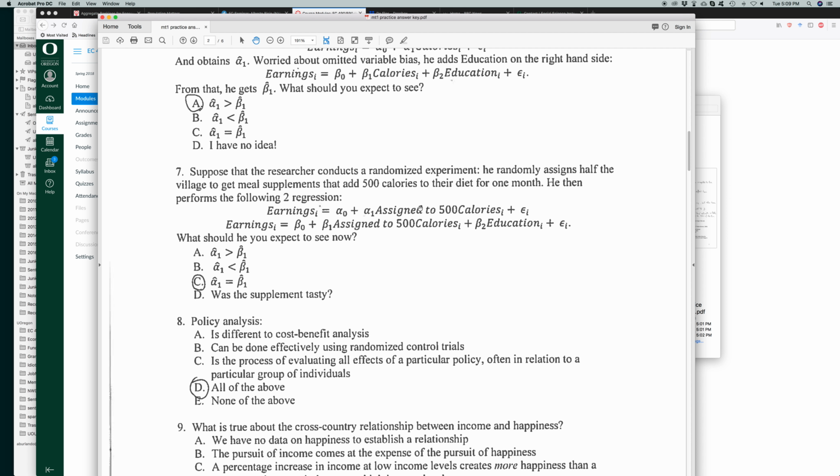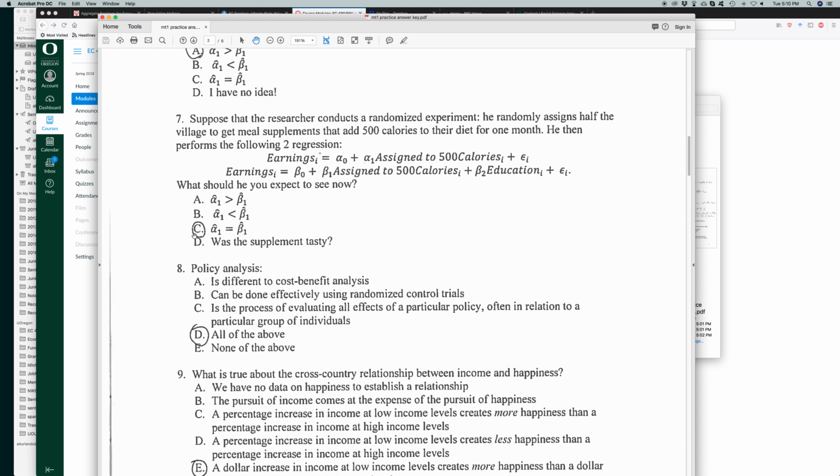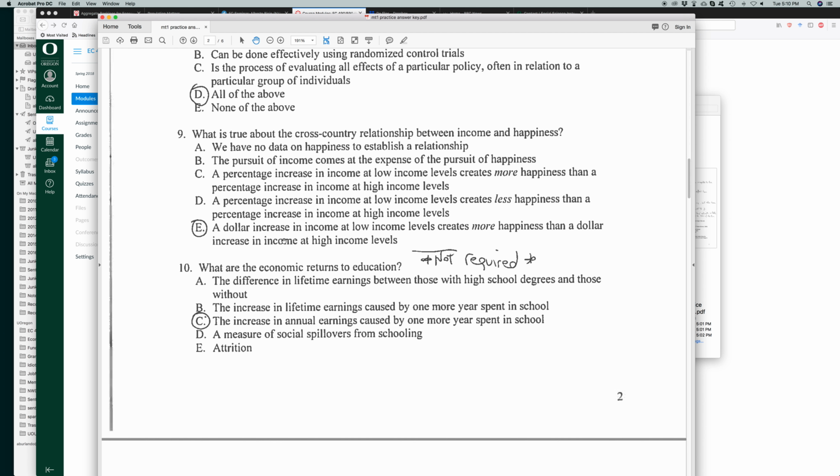So there cannot be any correlation between this random variable and education. Because one of the two pieces is missing, we don't have to worry about omitted variable bias in this case. Hopefully that is a clear enough explanation as to why alpha 1 equals beta 1. Now, let's keep going.